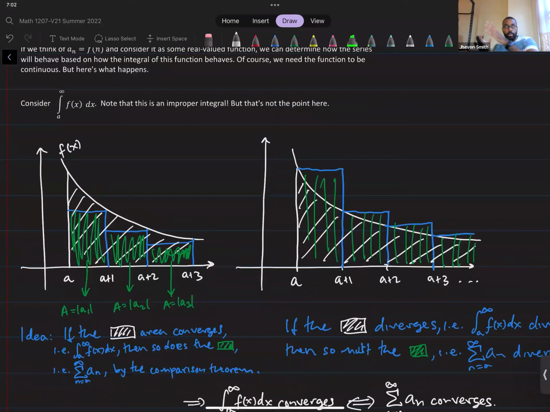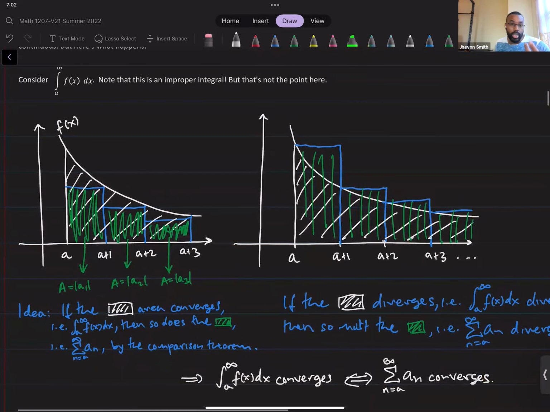If you imagine the formula for the sequence is not just plugging in integers, but you can plug in any real number, so you just pretend it's a continuous function, and it's positive, decreasing, and continuous, then if you can integrate it, it turns out that the integral will actually tell you about the series. They'll both diverge or they'll both converge.